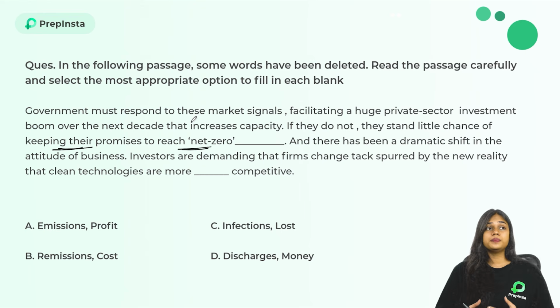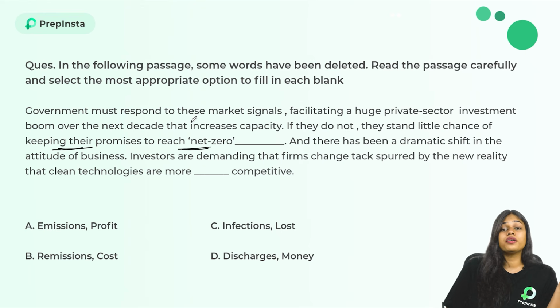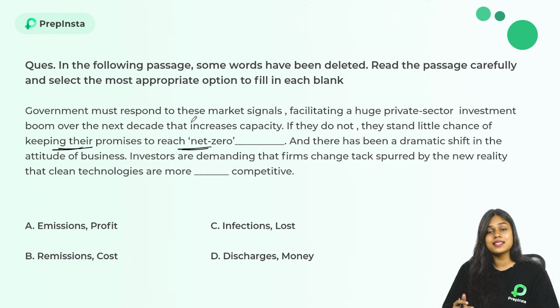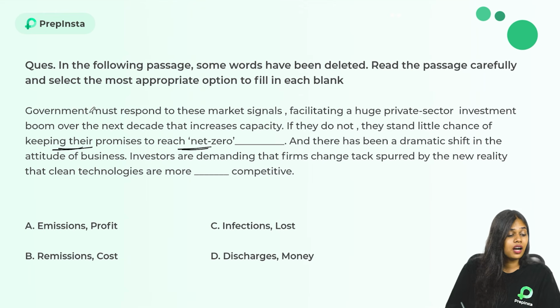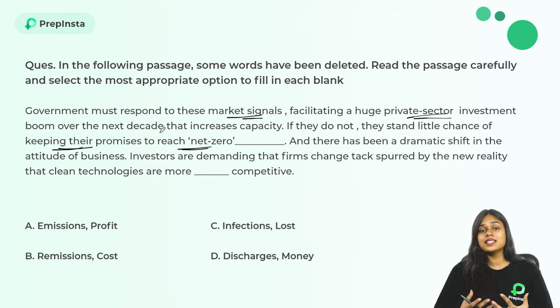If you are wanting to reduce something to net zero, that is reflecting a global market, that is reflecting private sector investment, it means that you are reflecting net zero emissions. Emissions means the toxic metals or toxic gas that comes out during pollution.